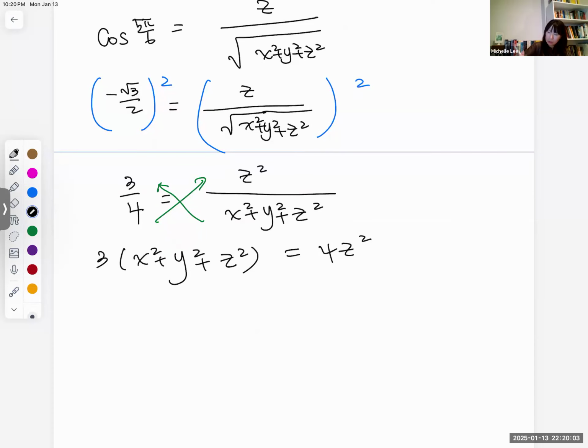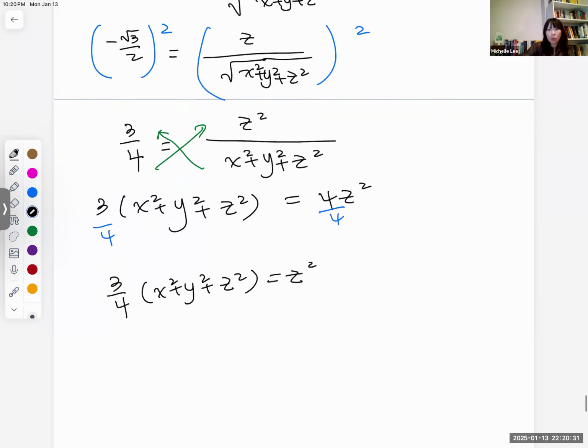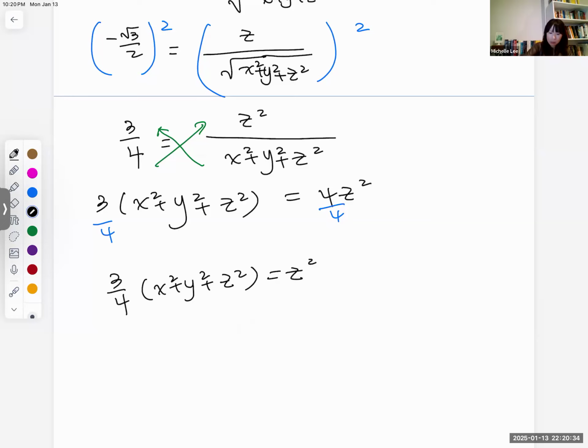Okay, now let's make one side 0. So we divide by 4 on both sides. So we will get 3 over 4 times x squared plus y squared plus z squared equal to z squared. So make one side 0: negative z squared, negative z squared.